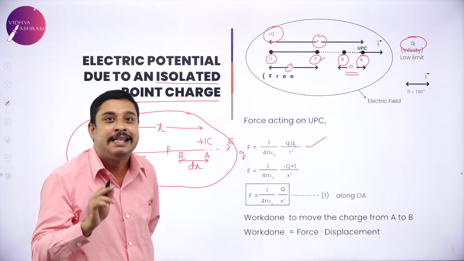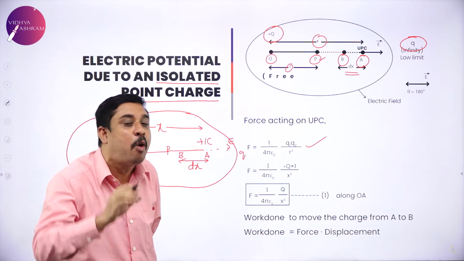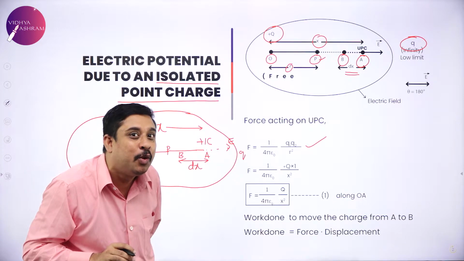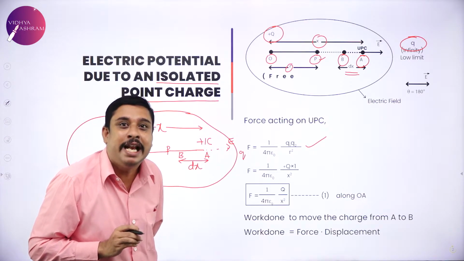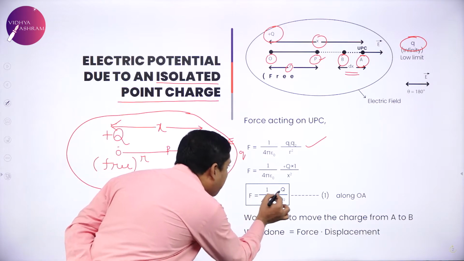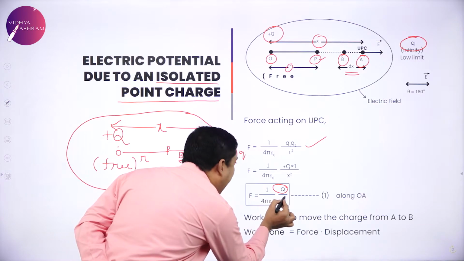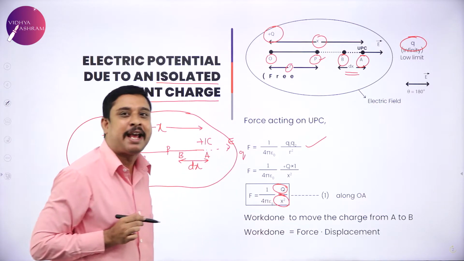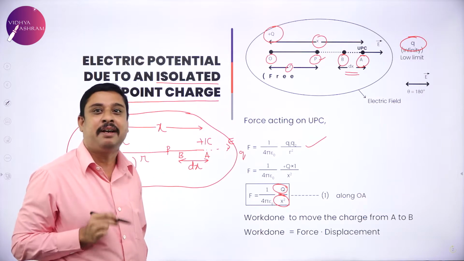Consequentially here, the strength of the field does not depend upon the magnitude of the test charge. It only depends upon the magnitude of the source charge and the distance of separation. So this equation is making it very clear.